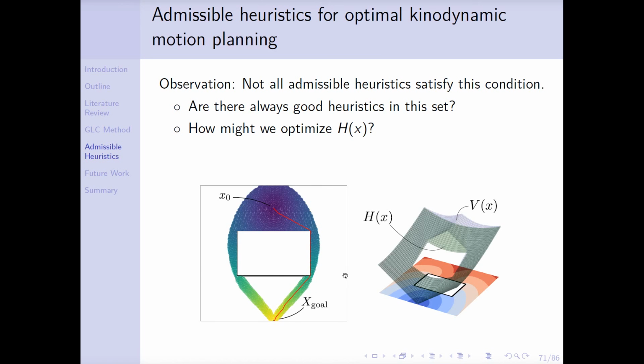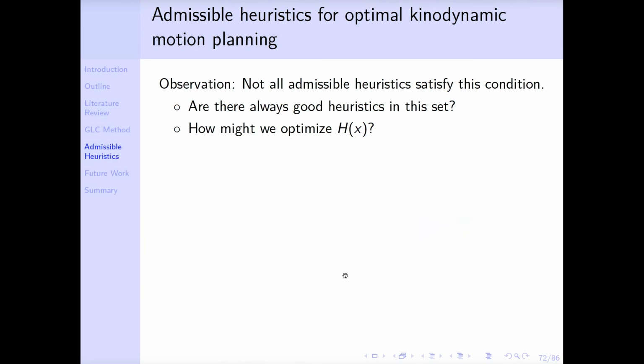Recall that we saw that the heuristic was least effective where there was a large gap between the optimal cost to go and the heuristic, right? Because we expanded a large number of states on the backside of the obstacle when we used an informed search using the Euclidean distance heuristic. So this suggests that we want to, while maintaining this admissibility condition, get the heuristic as close to the optimal cost to go as possible.